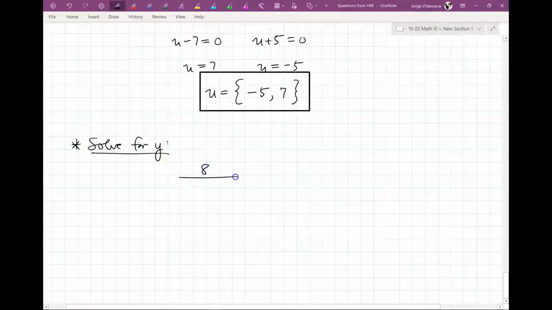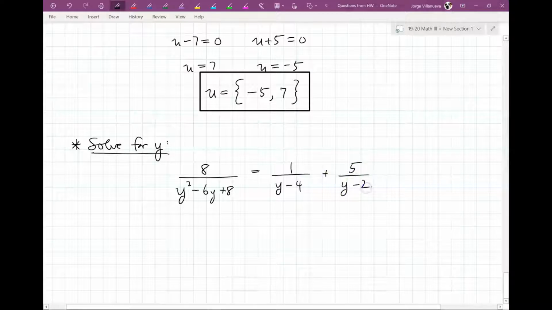It's 8 over y squared minus 6y plus 8 equals 1 over y minus 4 plus 5 over y minus 2. Now, one of the first things you're going to want to do, whenever you see a denominator that looks like this, is factor it out.